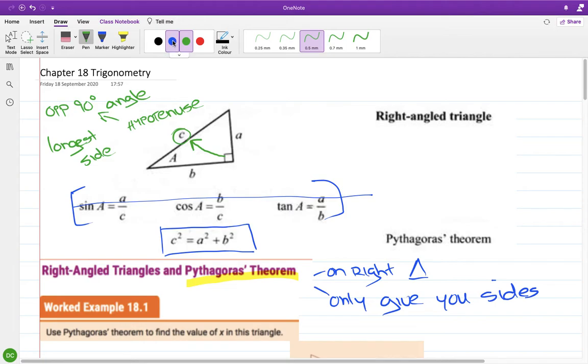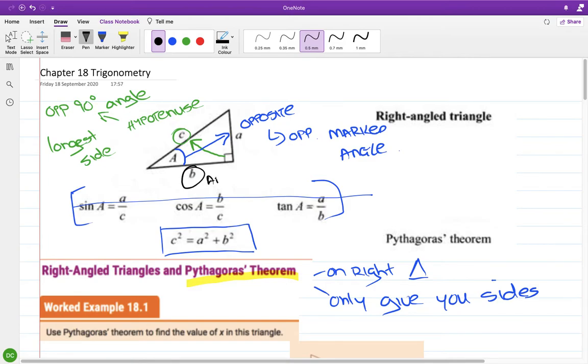Good? Now, here is a marked angle A. The side opposite the marked angle is called the opposite. And then the third one, the one I haven't named, which is B, is known as the adjacent.